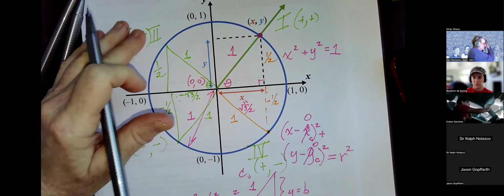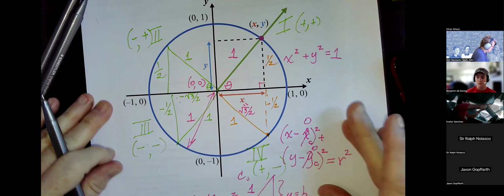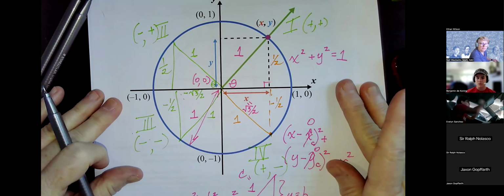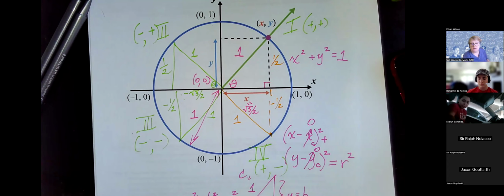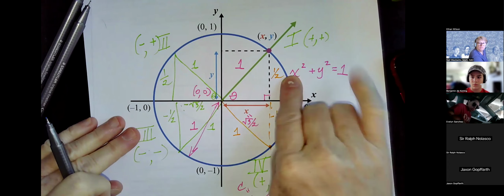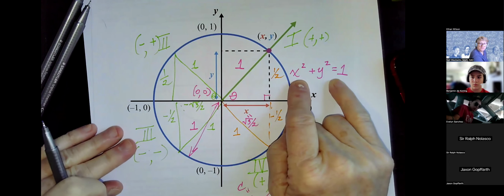but this is a good place to pause anyway, because we've introduced an extension of a right triangle. And that extension has the formula x squared plus y squared is 1.